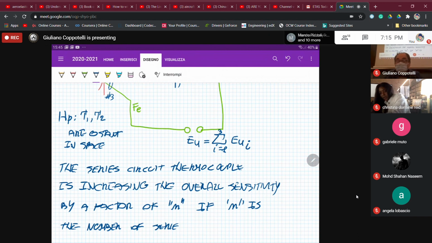So generally speaking, the output tension is given by the summation from i equal to 1 to n of the EUi, in case of a series configuration like the one that I drew.